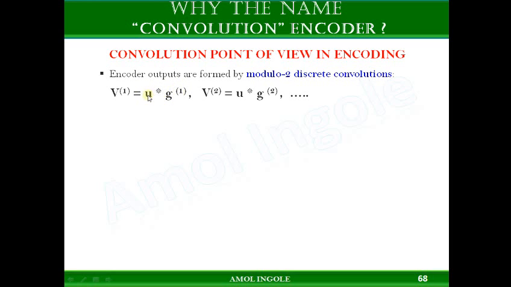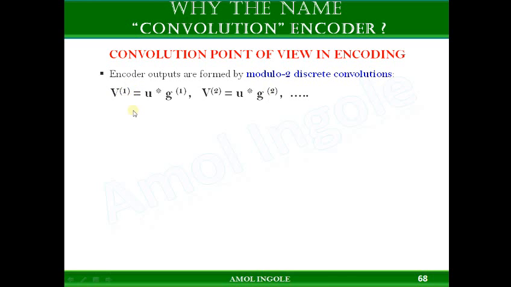So by convolving the input bit stream with the generator sequence G1, you can obtain output V1. Similarly, output V2 of the encoder can be obtained by convolving input bit stream U with generator sequence G2.